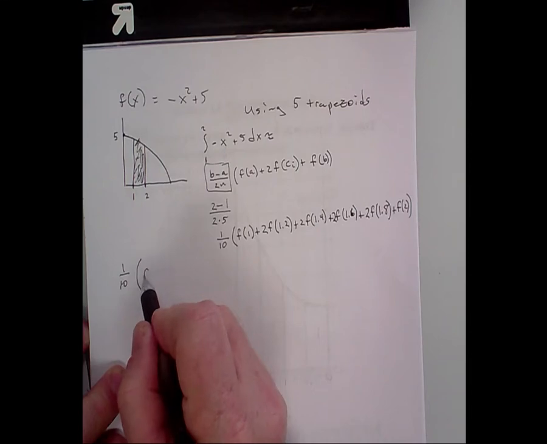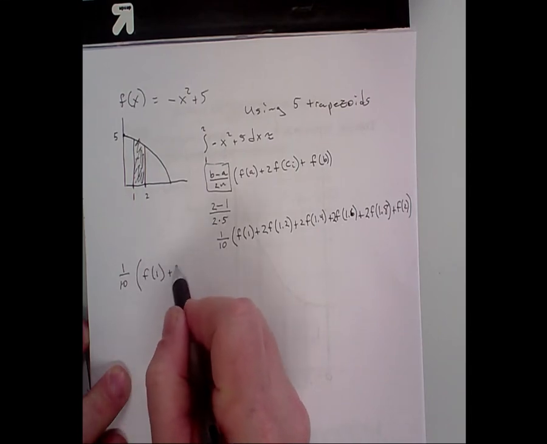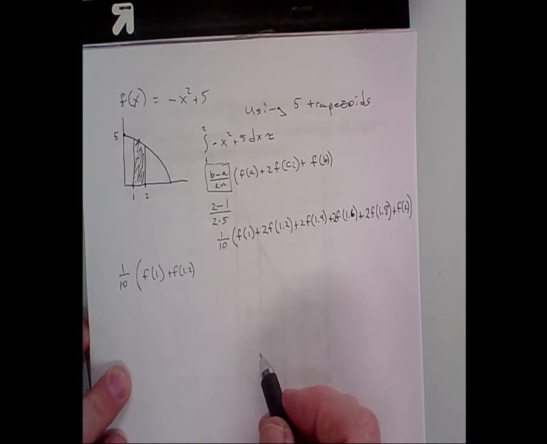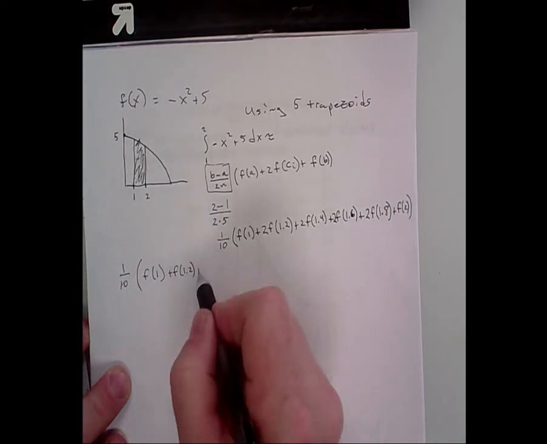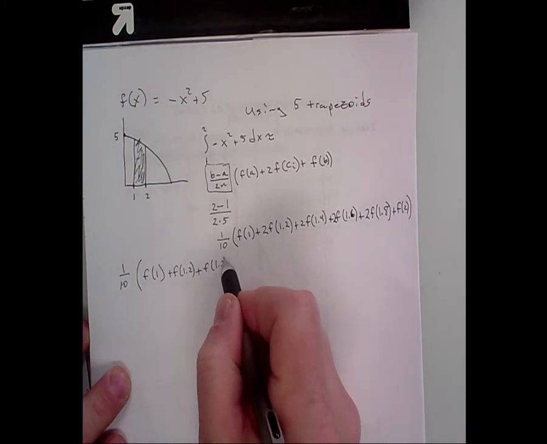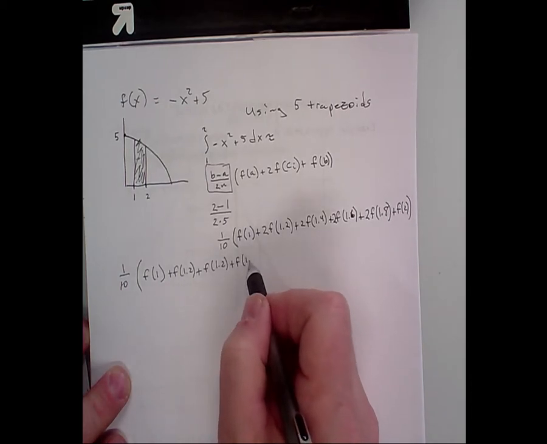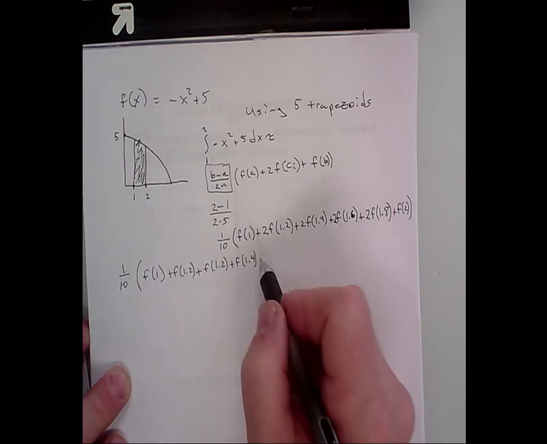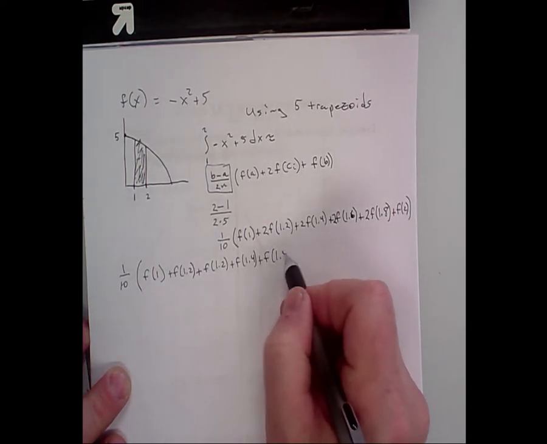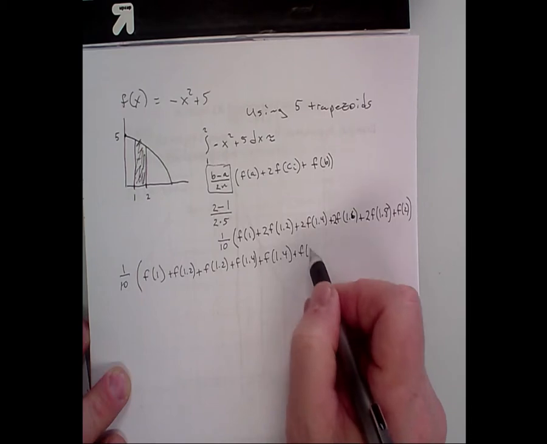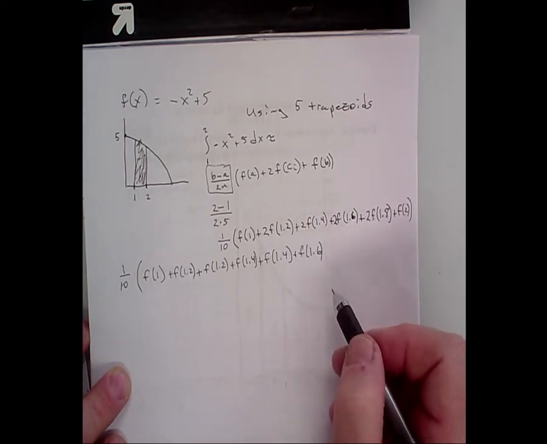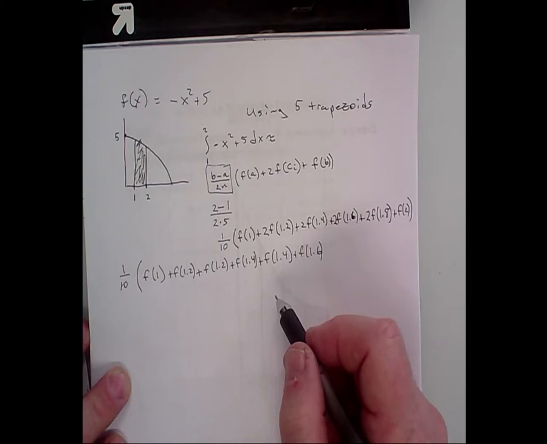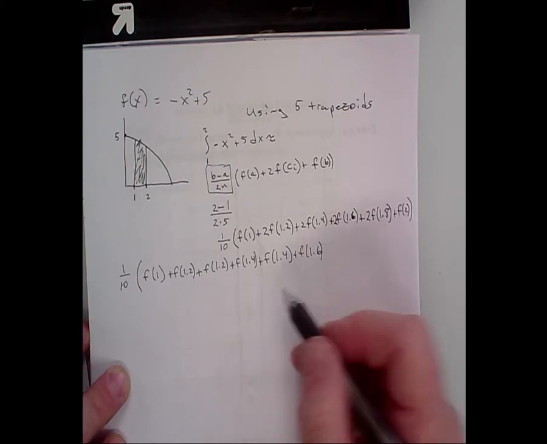So f of 1 plus f of 1.2 is 1 trapezoid. Plus f of 1.2 plus f of 1.4 is the next trapezoid. Plus f of 1.4 plus f of 1.6 is the next trapezoid. You want me to keep going? Because my hand's getting tired. Are we okay with that?